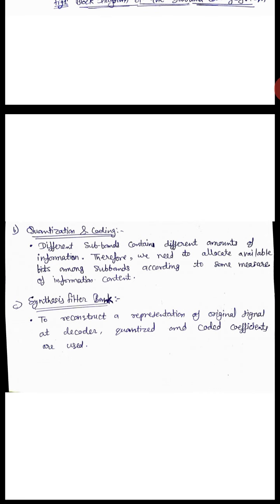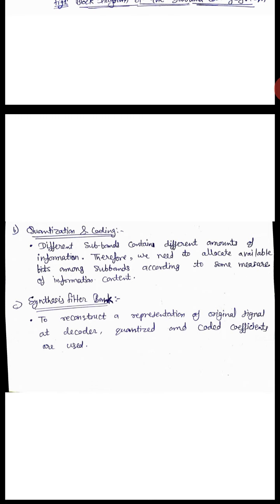Now the second step is quantization and coding. Different subbands contain different amounts of information. Therefore, we need to allocate the available bits among the subbands according to some measure of information content.